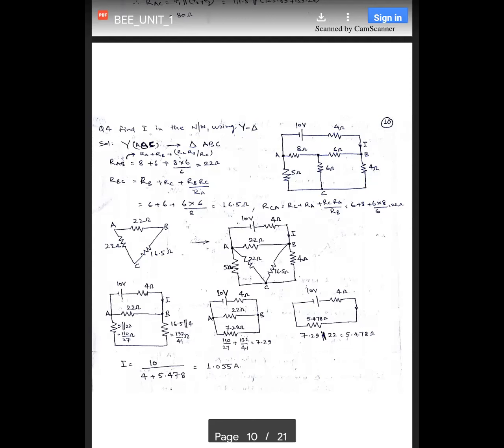So now this ABC star is to be converted into a delta. The star into delta conversion says that you have to multiply two resistances at a time and add them up. So RA RB plus RB RC plus RA RC.